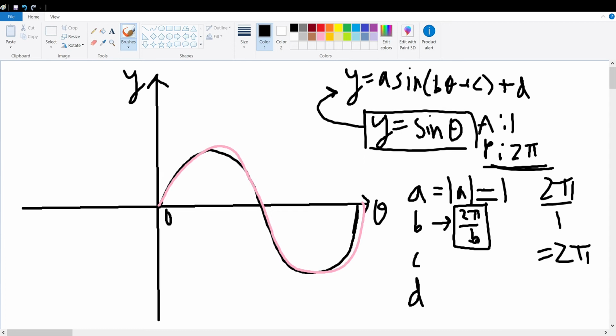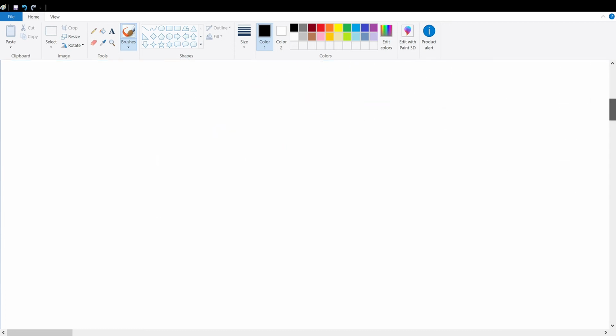When c is a positive value, it will move the sine function left, while when c is negative, it will move the function right.